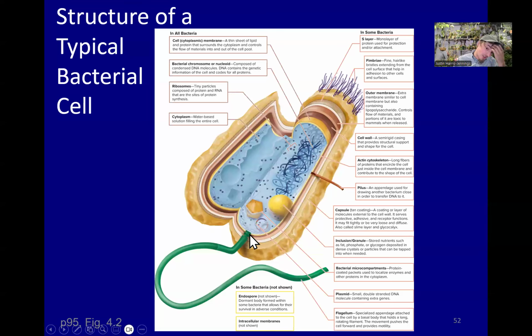Lastly, the last structure we're going to talk about is, I guess it's not, but is the flagellum. The flagellum is a whip-like appendage that helps with motility. And then you have the endospore, which is kind of like an inclusion or a granule that forms inside of the cell.